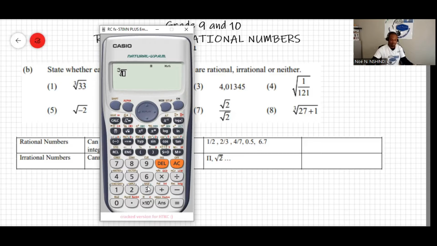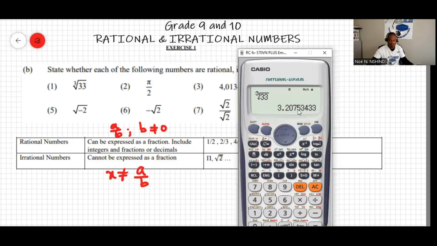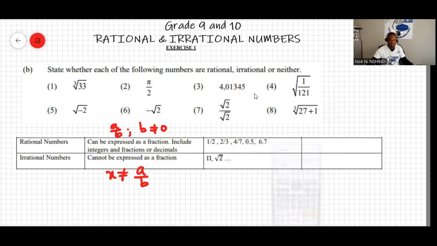Then write 33 and press equal. You see the decimal part has no pattern, so it cannot be written as a fraction. So cube root of 33 is irrational. I can just write I next to it, and if I write I, understand I mean irrational.